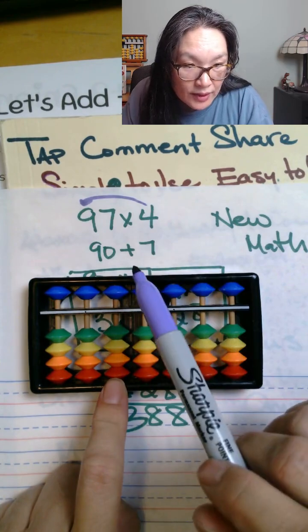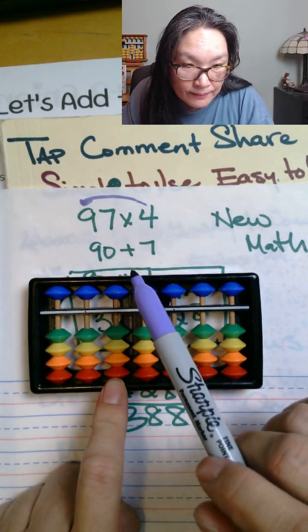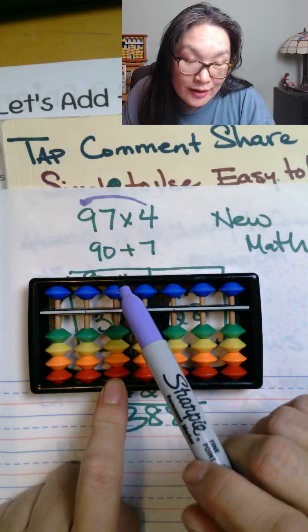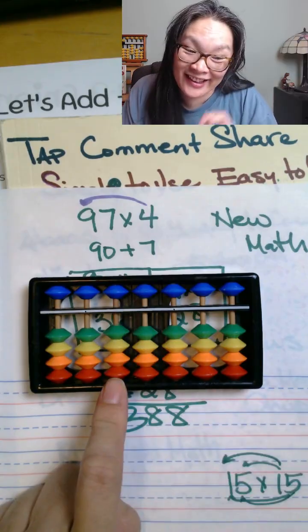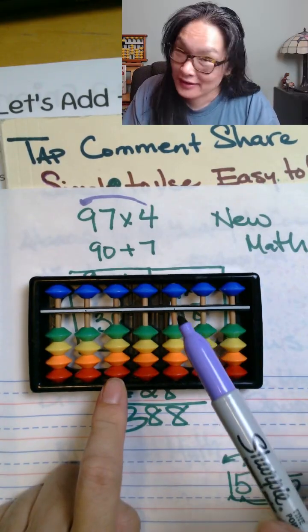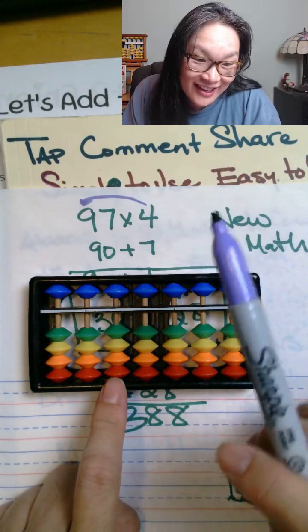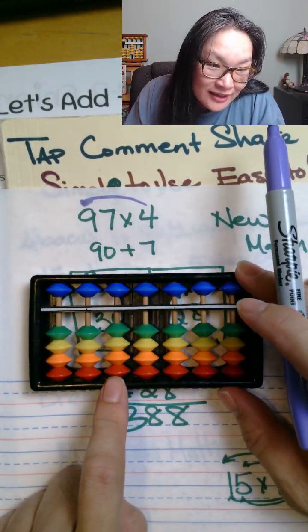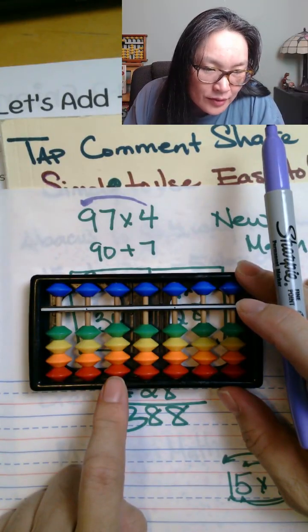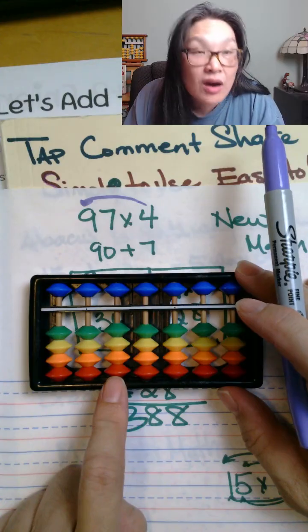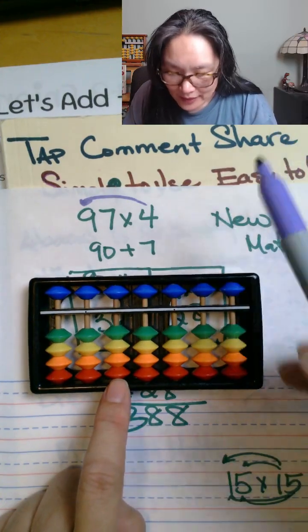New math is so much better, in my opinion. New math is actually Abacus math, and Abacus is not new math. Not better than Abacus, better than algorithm. Oh, yeah.